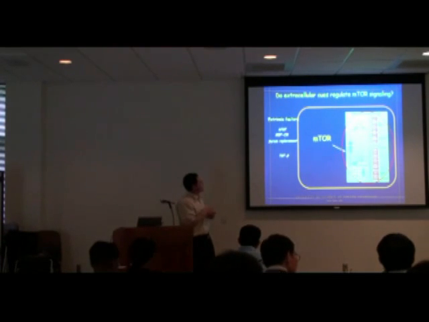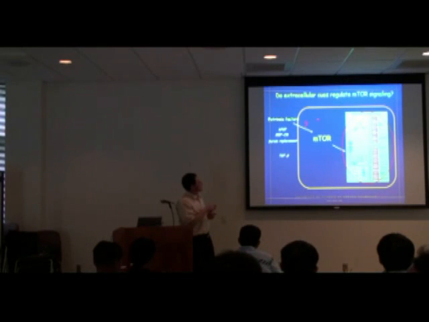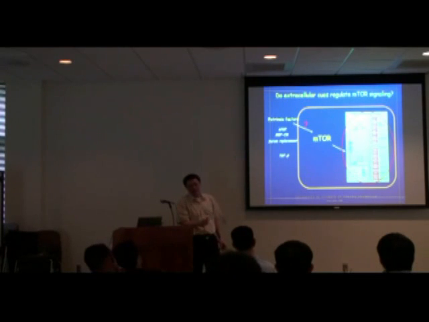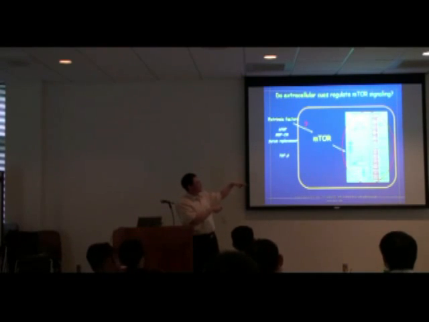The first thing we did was to make a connection between the extracellular, or extrinsic, factors and mTOR. So the question is, do any of these factors regulate mTOR activity or not? Like I said in the very beginning, we wanted to show that mTOR is a very important intermediate in the cells. So how do you show that? You show that mTOR is important for relaying signal from outside the cells, and then relaying that signal to the nucleus.